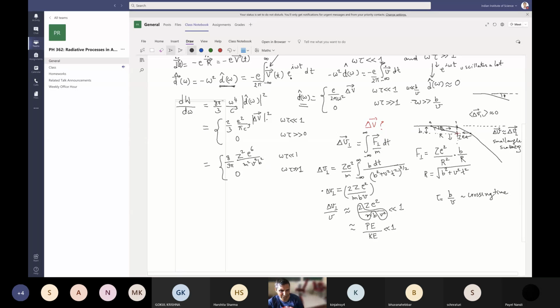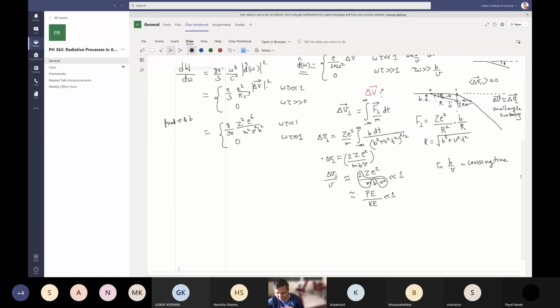Okay, so this was for a fixed V. This is an expression for a fixed particle velocity, electron mass, and a fixed impact parameter B. But now what we want is we allow all the impact parameters, and then we want to calculate what would be the integrated radiation, summed over all these impact parameters. So how do we do that?